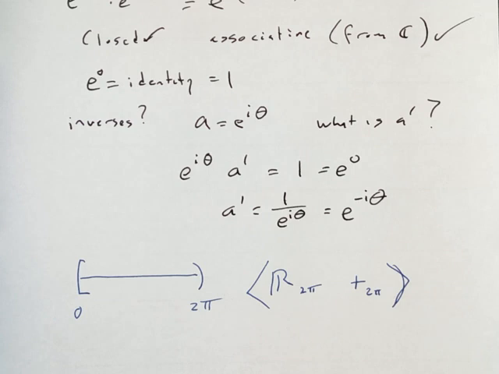Complex numbers under multiplication are really regular numbers under addition, because of this twist that multiplying complex numbers becomes adding angles. If you hate complex numbers, you never have to do them again.